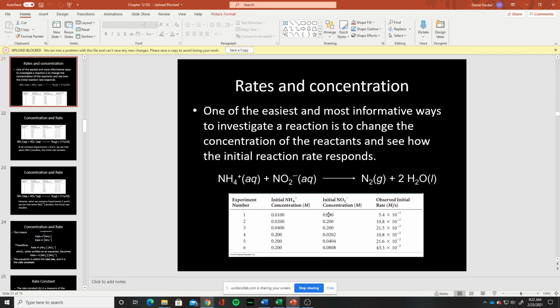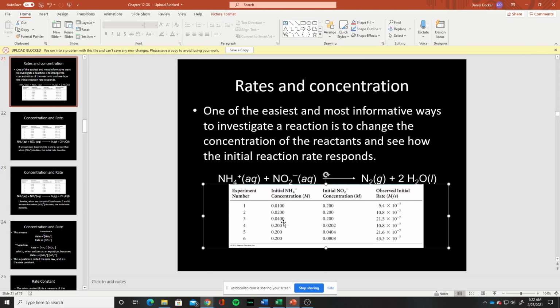So back here, we had tables like this, where we had some things that didn't change and then things that changed. And so we said, okay, this doubled, and we saw the rate double, and so therefore it was first order with respect to ammonium.